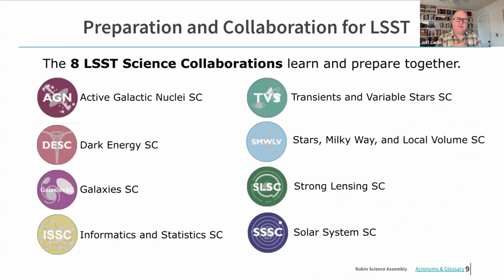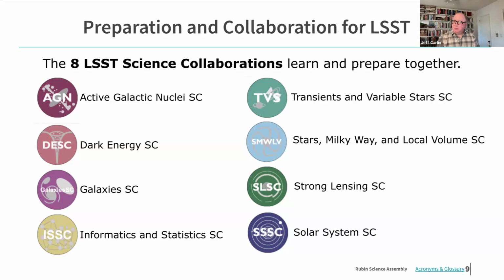If you want to get involved in LSST science, but you're not quite sure where to start, one good place to get started is the LSST science collaborations. There are 8 of them: active galactic nuclei, dark energy, galaxies, informatics and statistics, solar system, strong lensing, stars, Milky Way and local volume, and transients and variable stars. And of course, there's overlap between a lot of these, but they are a great place to get started, to start working with a like-minded community.